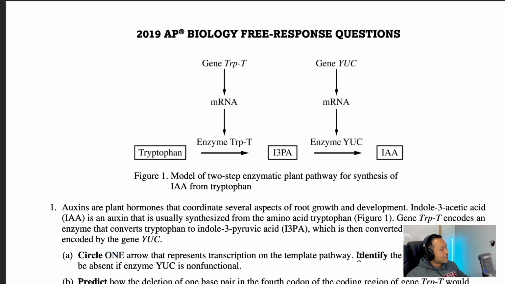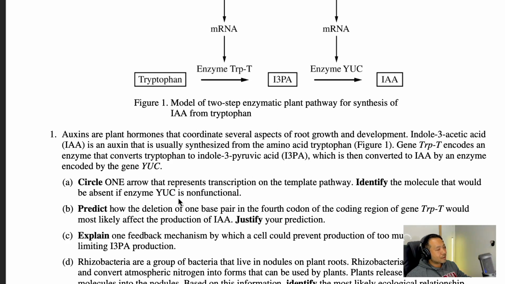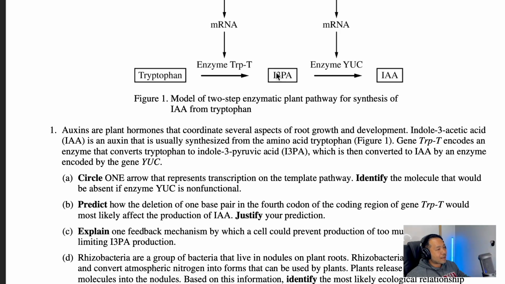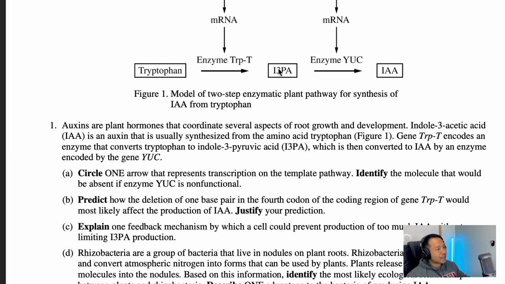And then they say identify the molecule that would be absent if enzyme YUC is non-functional. Well, if enzyme YUC is non-functional, then this arrow goes out the window, and what would be absent would be IAA, because I3PA would still be there. In fact, you would actually have more I3PA because it's not being converted into IAA.